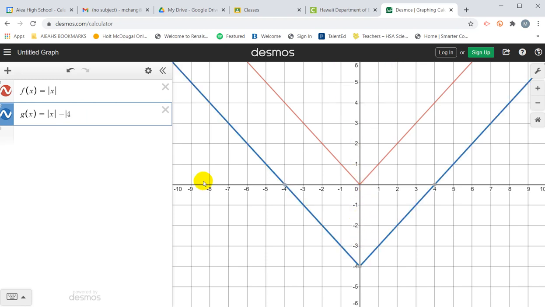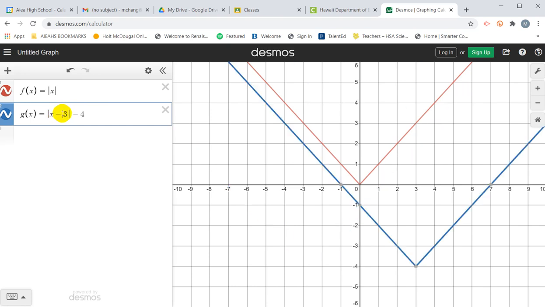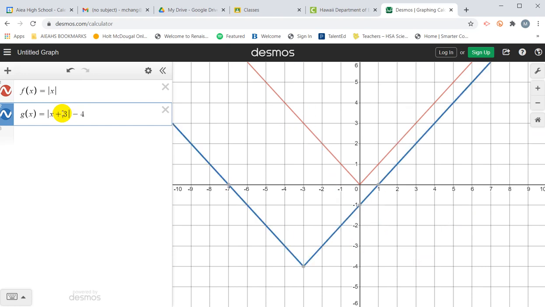Okay, if I were to manipulate the x's now, let's say I add 3 or something. So as you saw, what this means is that this graph is shifted 3 units to the left. Similarly, if I went the other way, it looks something like that. But anyway, let's just leave it as we had here.